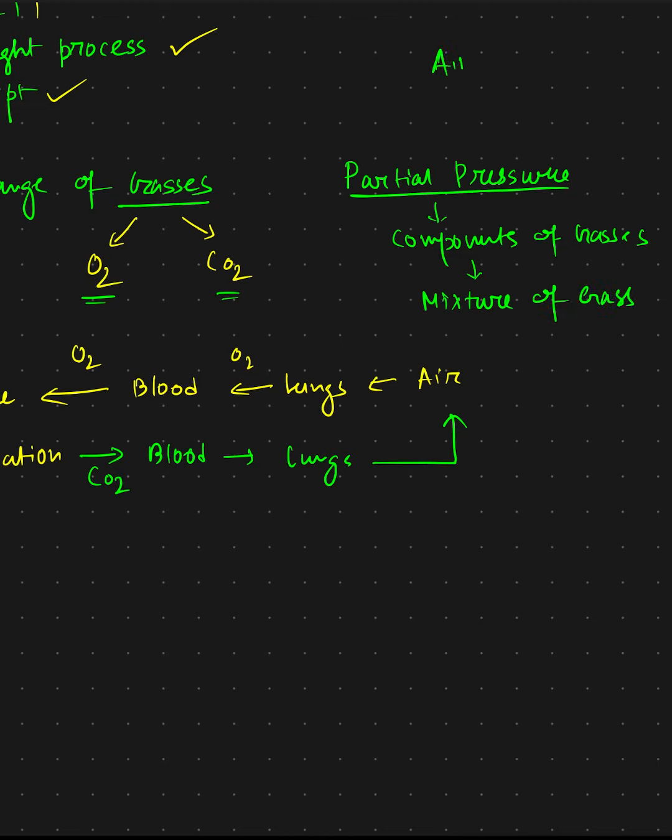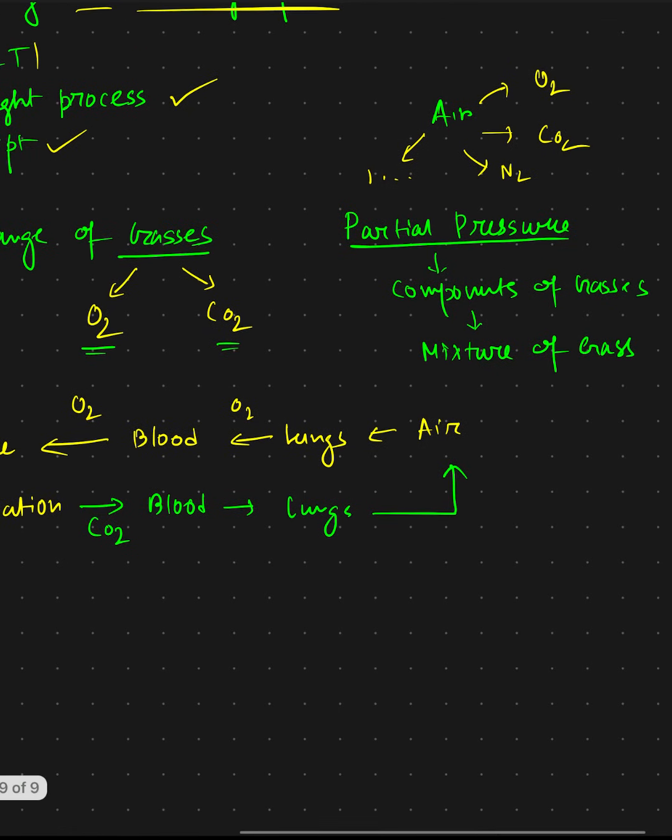If I consider air, in air there is oxygen, there is carbon dioxide, there is nitrogen, and other things. So the pressure that is exerted only by oxygen will be known as partial pressure of oxygen. Only by carbon dioxide, partial pressure of carbon dioxide. These two are important. Okay.